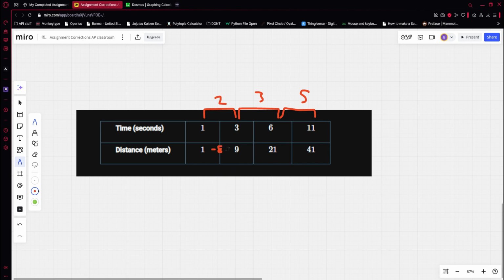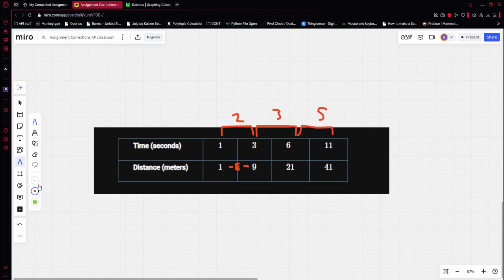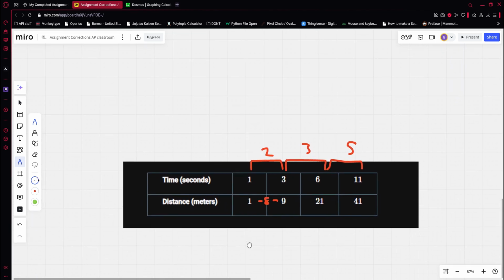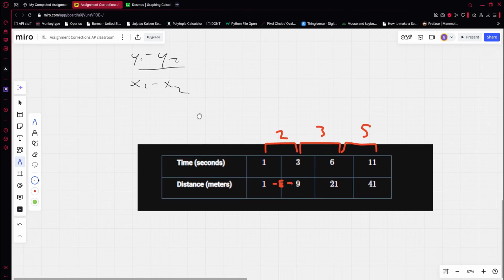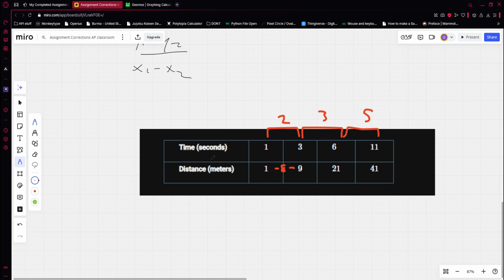So to find rate of change, what we do is y1 minus y2 over x1 minus x2. Okay? So, which is y and which is x?